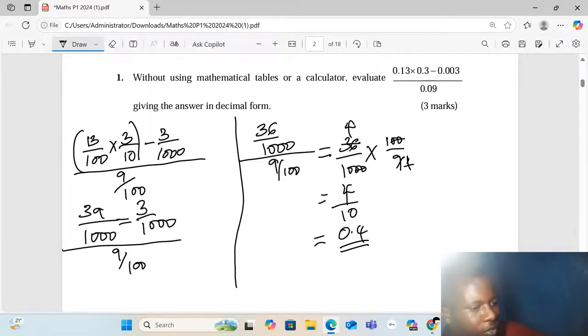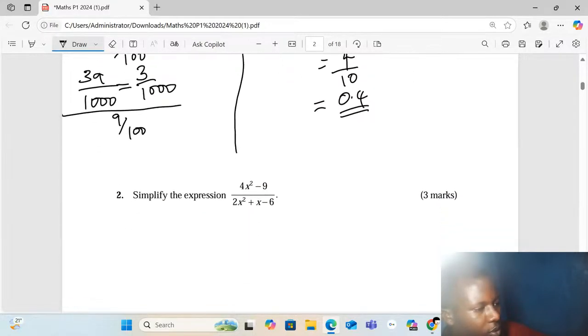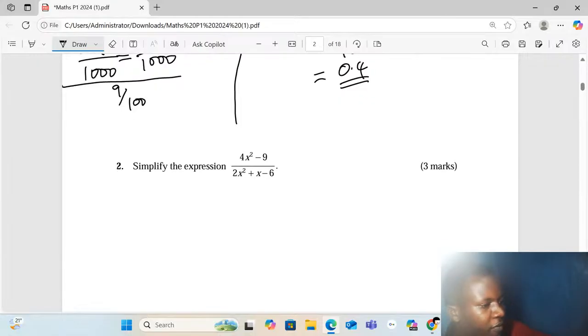Let's move to question 2. Simplify the expression 4x squared minus 9 divided by 2x squared plus x minus 6. Now this is a good question.